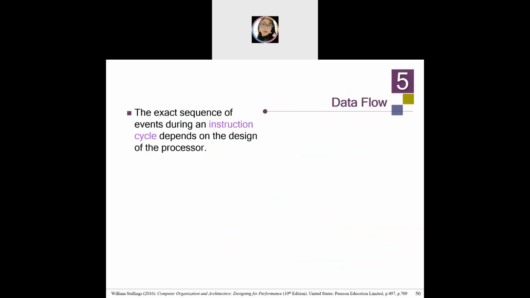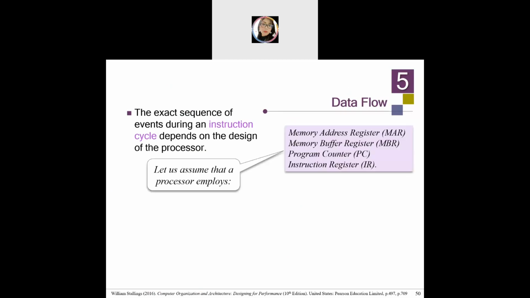Now, let's look at the data flow, how the data flow deals with our cycle just now. The exact sequence of events during the instruction cycle depends on the design of your processor. In our processor, we have a lot of registers.